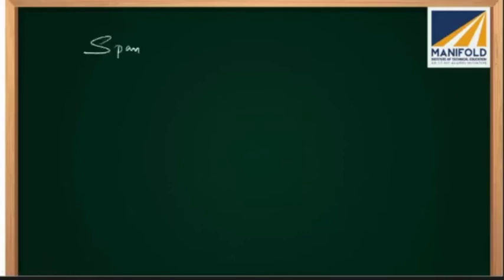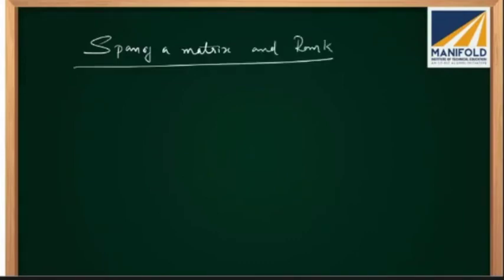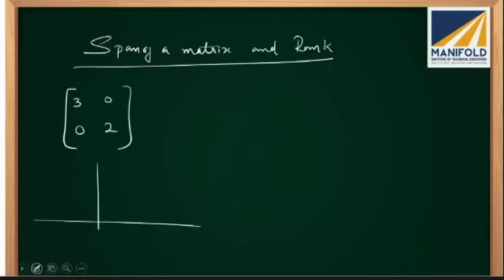Span of a matrix and rank of a matrix. I'll take 2 different matrices first. I will start off with 3, 0, 0, 2. We know this matrix is nothing but 3, 0 in this particular direction, and 0, 2 in this particular direction.